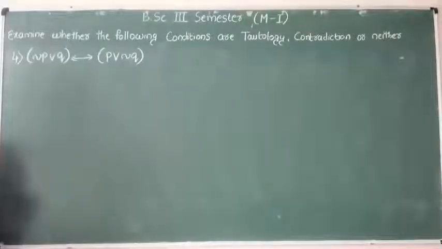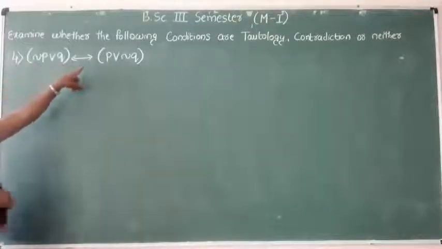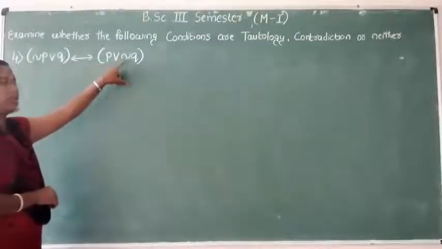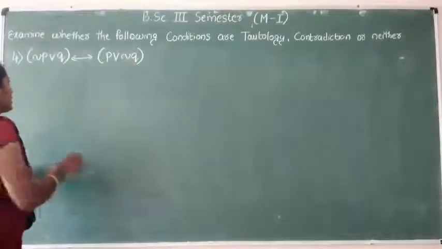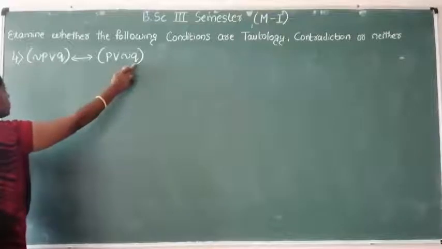Now consider the fourth example on tautology and contradiction, that is negation of P or Q biconditional P or negation Q. Again write this one. Here I want negation P and negation Q values.